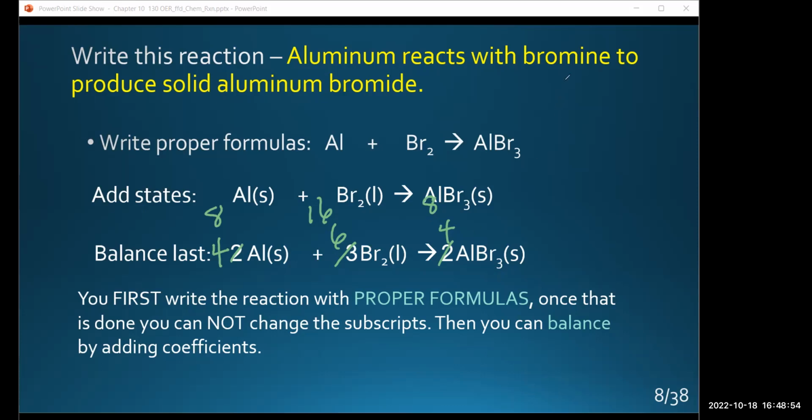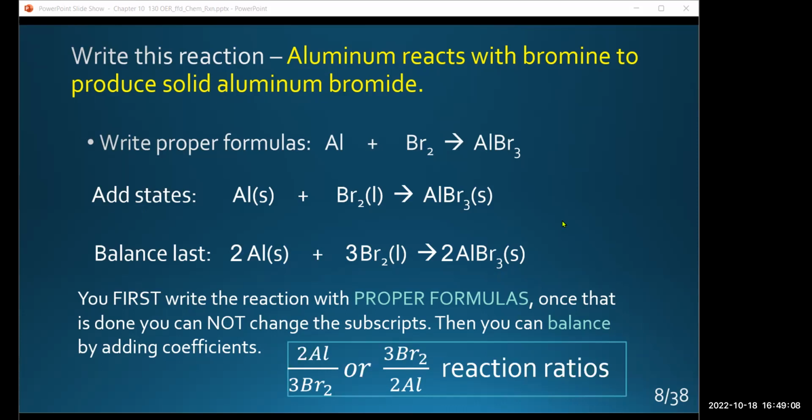By convention, that is the proper way to present a balanced chemical reaction: by the lowest whole coefficients. And here are more ratios that connect between the two reactants. Keep in mind that the ratio also connects between reactants and product.